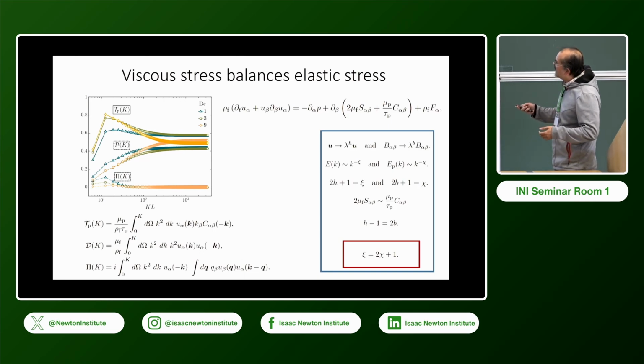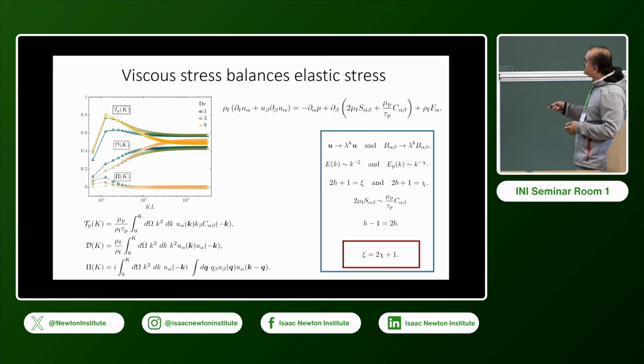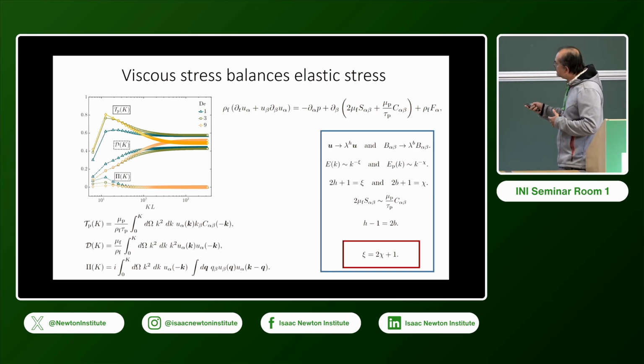So here what we find is that the contribution to the flux of the nonlinear term is practically 0. The polymeric term and the dissipative terms are the ones that are comparable to each other. So if you write a balance between the two, then you will get a connection between the polymeric degrees of freedom and the kinetic energy spectrum, which gives you xi is twice chi minus 1. This is a simple scaling theory, nothing special about this. You can do it in your sleep. And this actually holds in our simulations.